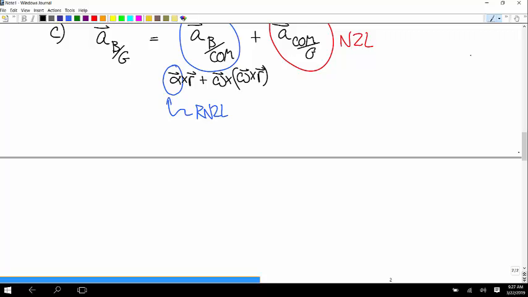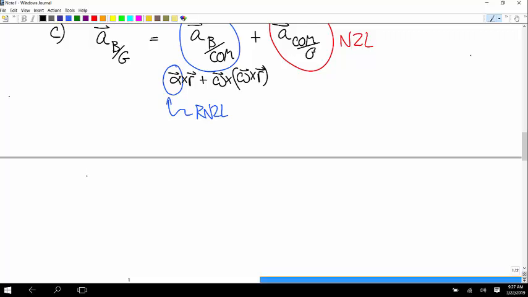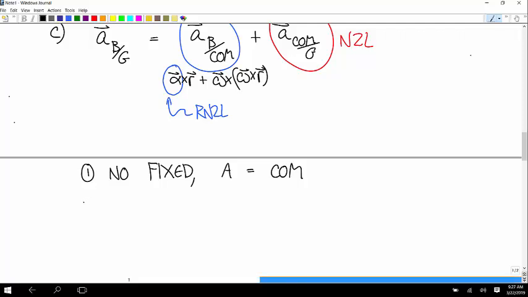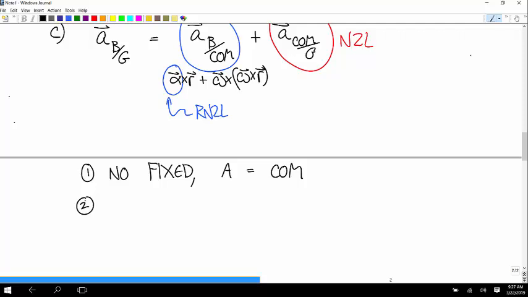Okay, so this is a rigid body problem. So let's just go through the steps of a rigid body problem. So first, is there a fixed point? No. And so the about point is the center of mass. And now let's calculate the mass of the thing and the mass moment of inertia about the center of mass.